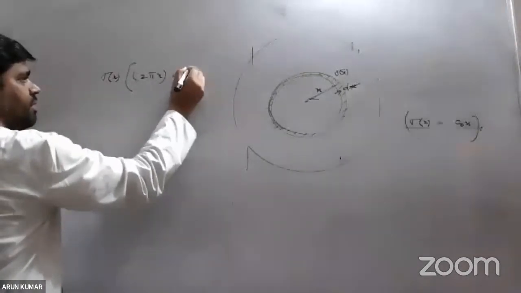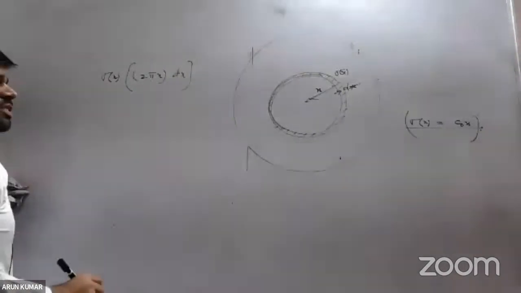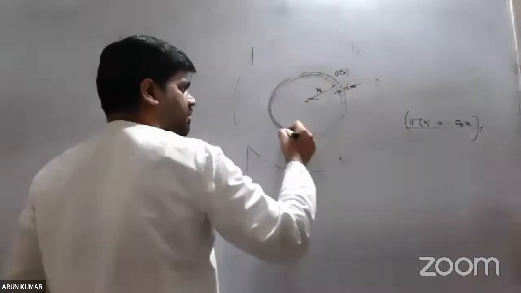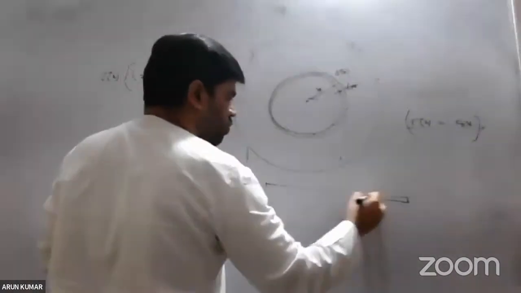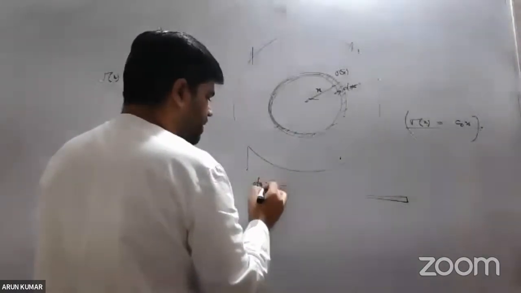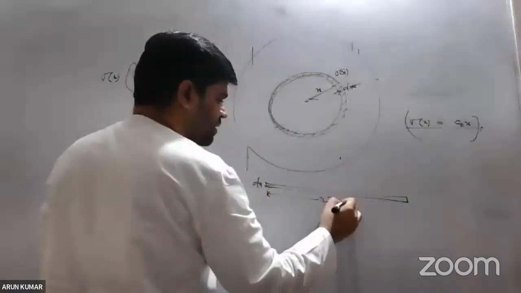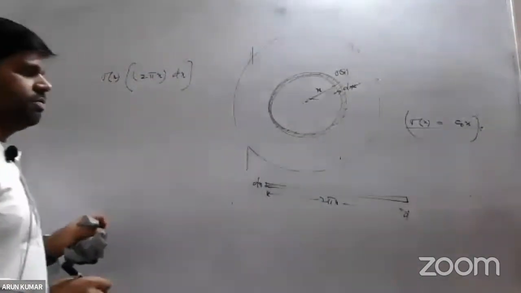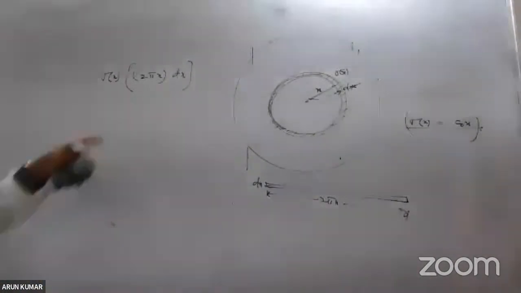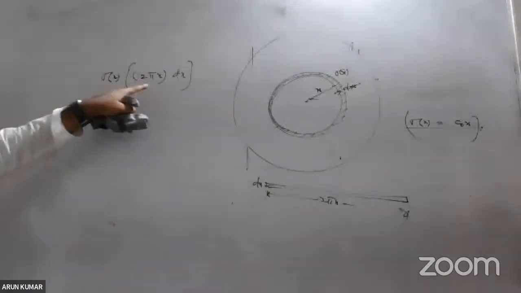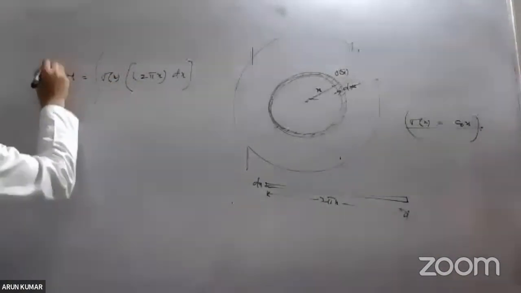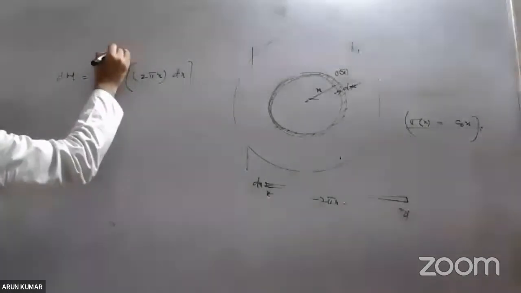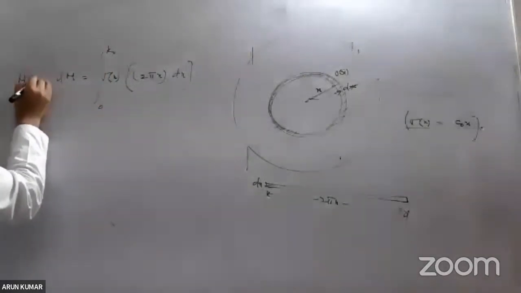Did you understand how 2 pi x dx came? 2 pi x is the length, dx is the width. If I cut this and open it, it forms a rectangle, with dx width and 2 pi x length. Yes, sir. So 2 pi x into dx is dA. Sigma into dA is dm. I integrate from 0 to r naught. I get total mass.